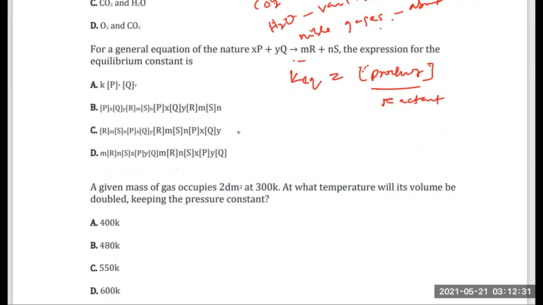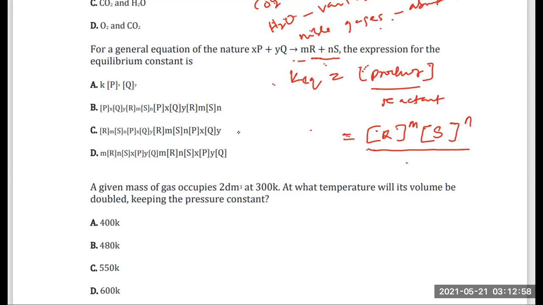So what is the product? That is the RS. So in this question, this is the product, so I'm going to write that first. I'm going to put R, and the mole is going to be on top of it, which is M, times the product S, and the mole is N. So that is for the product.